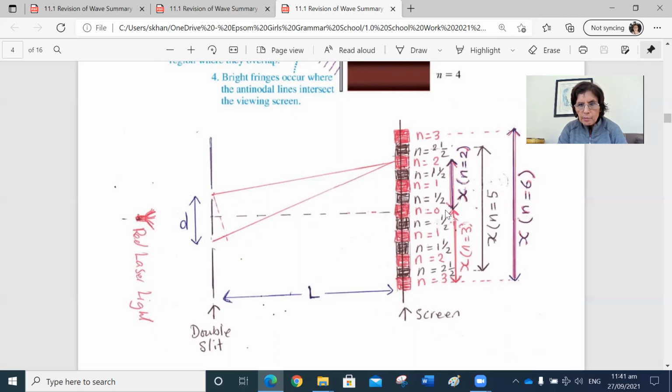However, if we measure from here up to there, the n used will be 2. But if we measure from here up to there, then n will be 5, and n will be 4 if we measure up to here. So from 2 over here to 2 over there, if that's the total x, then n will be 4.